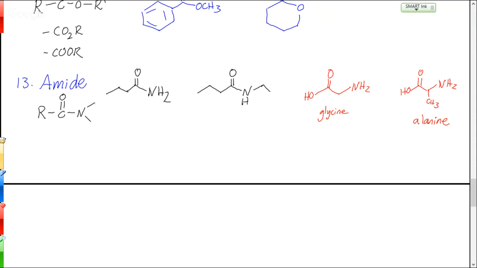The way those two would come together, and we'll talk about this more in the protein chapter, is the OH and one of the hydrogens here would come together to form water. And the result of that would be that these get hooked together in an amide bond.